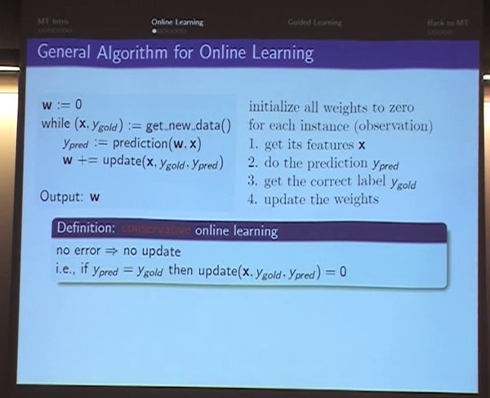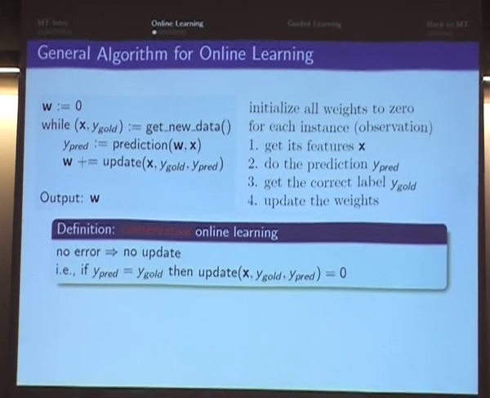There is a related definition, passive, which is similar to this, but sometimes, although you get the predicted label the same as the gold label, you computed a score, and the score was very near to another wrongly labeled example.